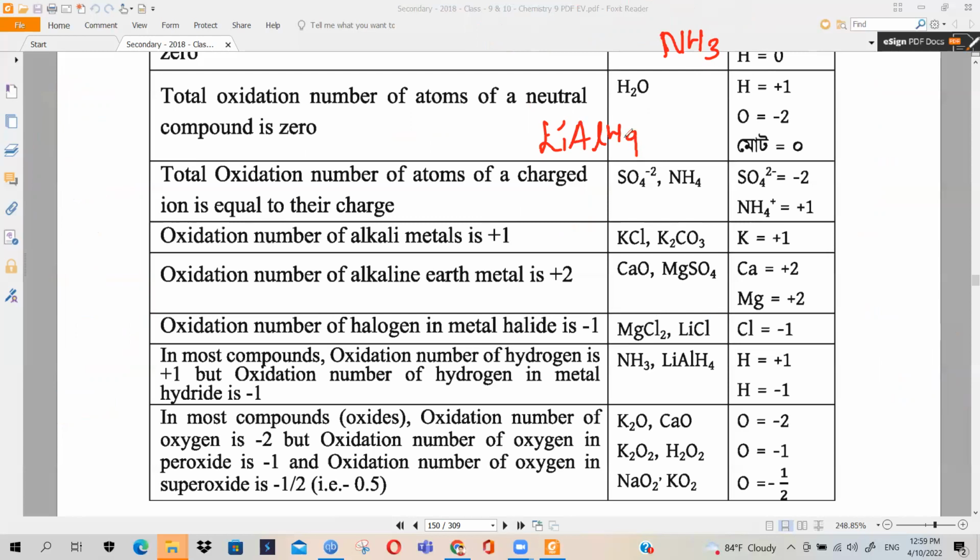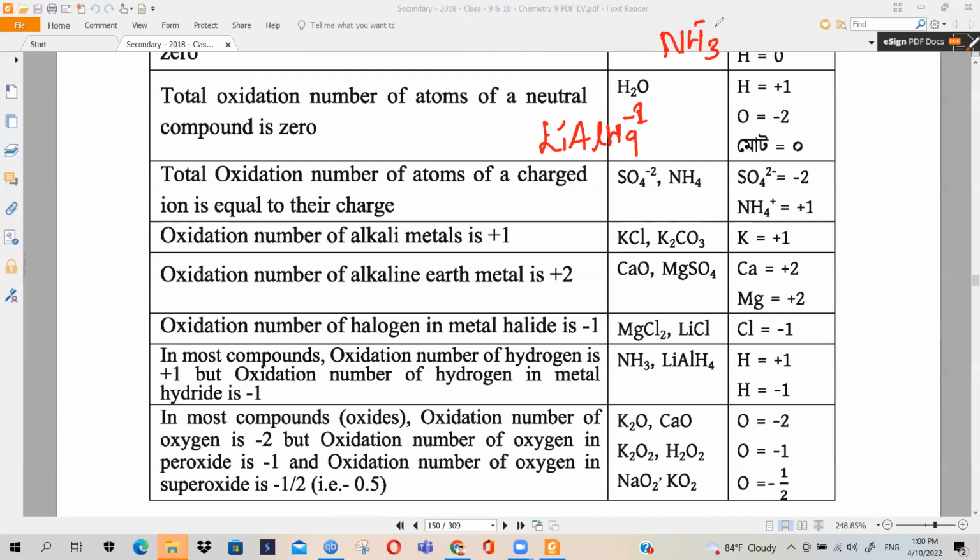You might need them later. In the case of nitrogen, it shows somewhat metal-like properties, and lithium and aluminum show very strong metal properties, especially lithium. So if hydrogen gets attracted to these, in that case hydrogen's oxidation number will be -1.